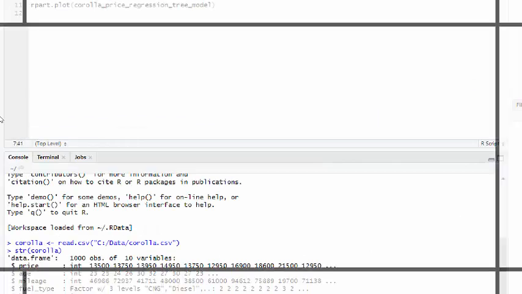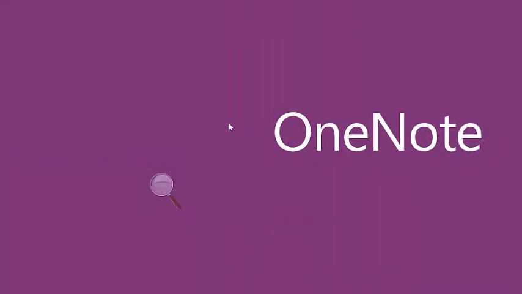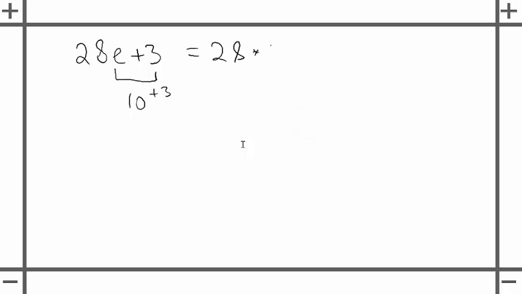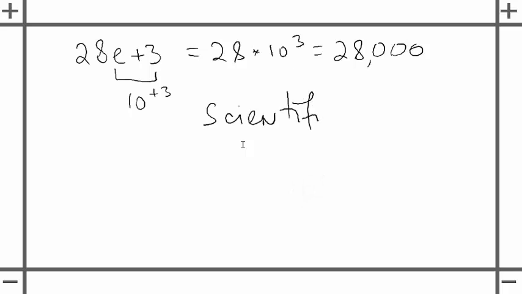This is so-called scientific notation, right? If we see something like that, 28E+3, E+3 means 10 to the power of 3, right? So 28E+3 essentially is 28 times 10 to the power of 3, or in other words, 28,000, right?